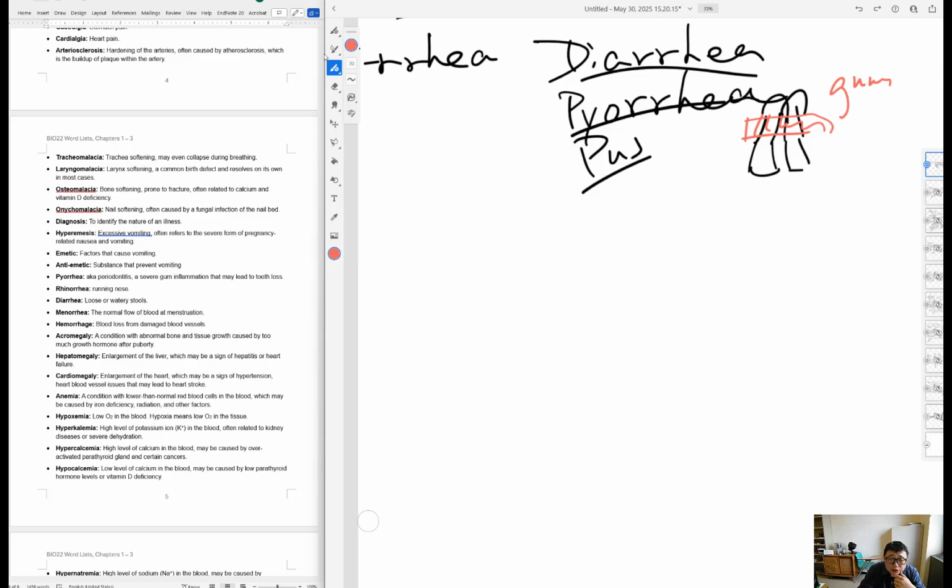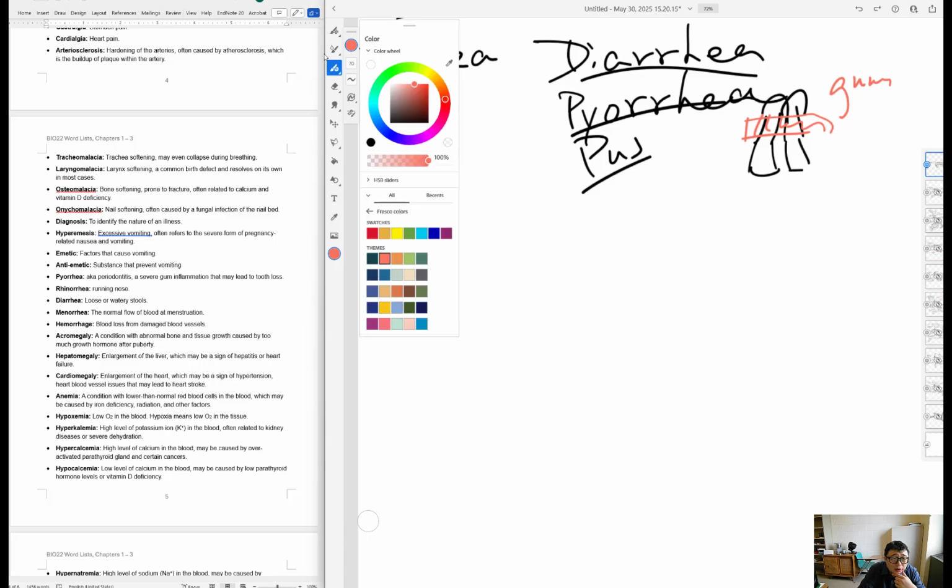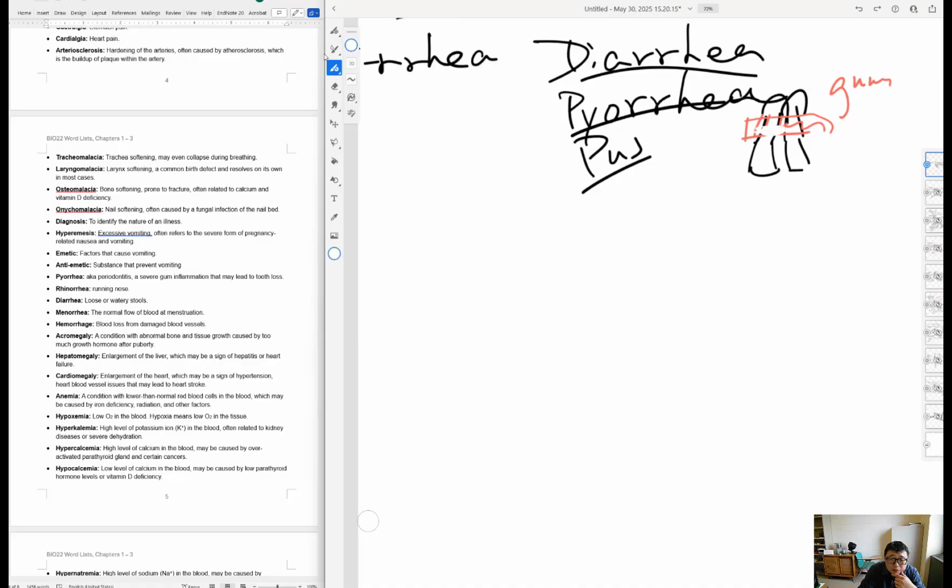However, if you have an infection here, and you get a lot of mucus and pus here, they call it pyorrhea. Pyorrhea is another name for periodontitis, inflammation surrounding the teeth. Given a long time, this may result in the teeth becoming loose. I think I have this later.